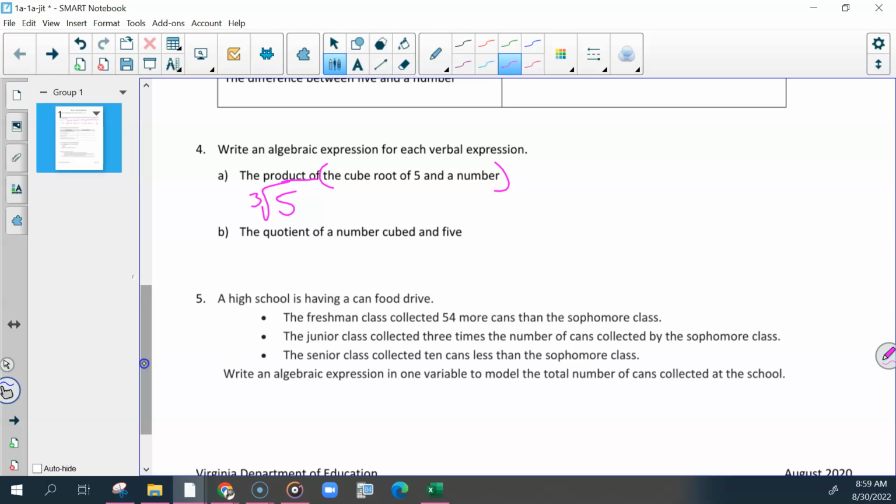But because it says the product of the cube root of 5 and the number, it doesn't necessarily mean that number is underneath. So in this case, we could use a dot, or if we want to put x in front, that would still mean the same thing, even though they're backwards.